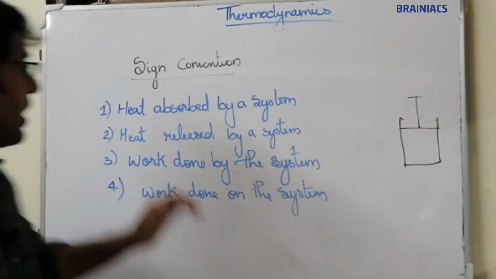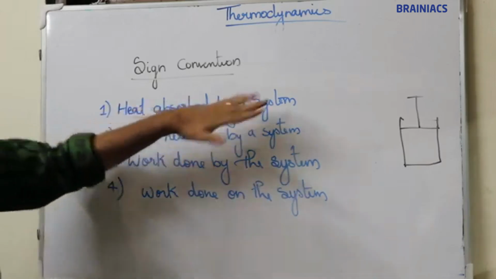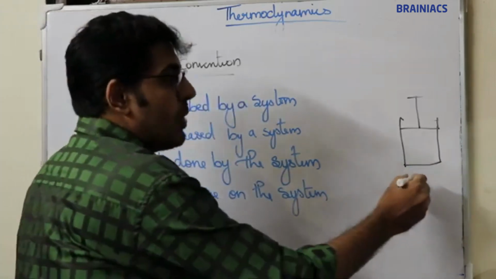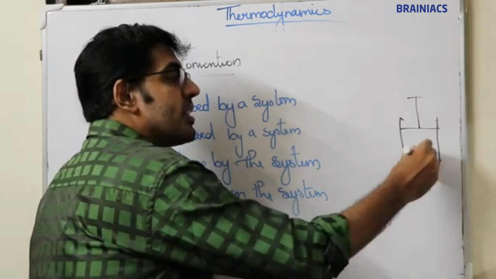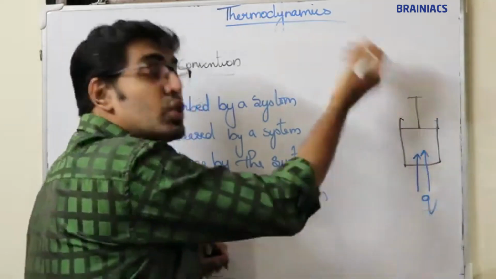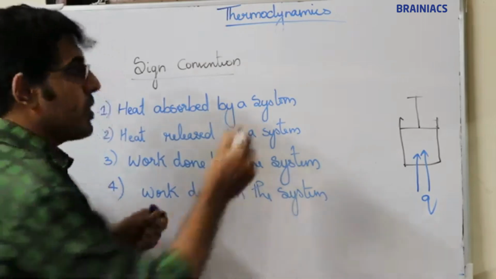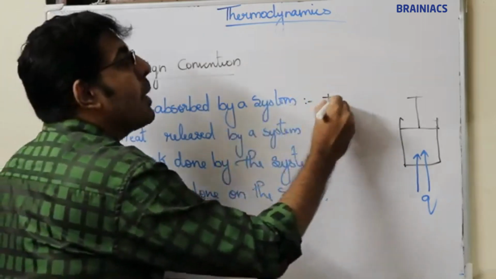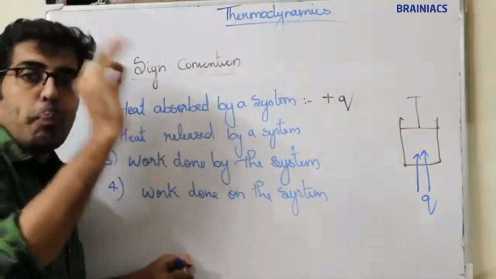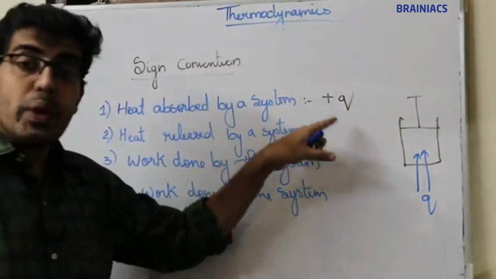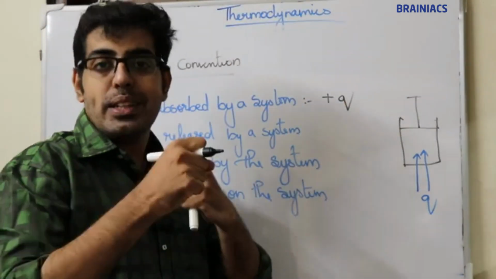For example, if a system is absorbing heat, that means heat is absorbed by the system. Heat absorbed by the system is always represented by plus Q.